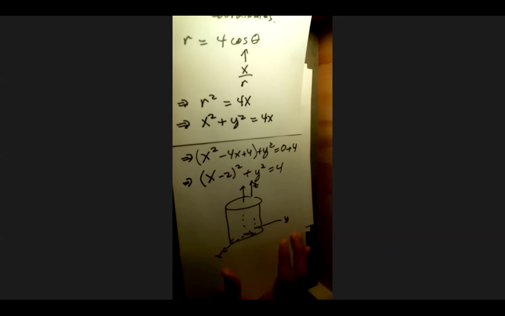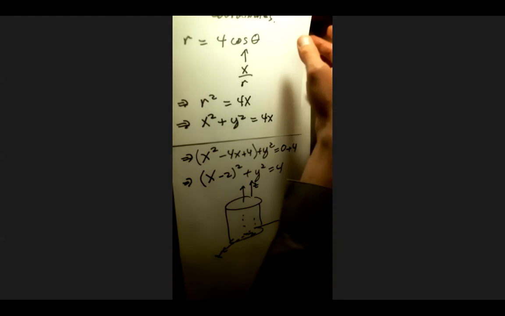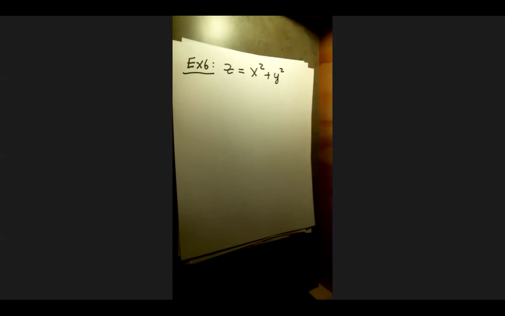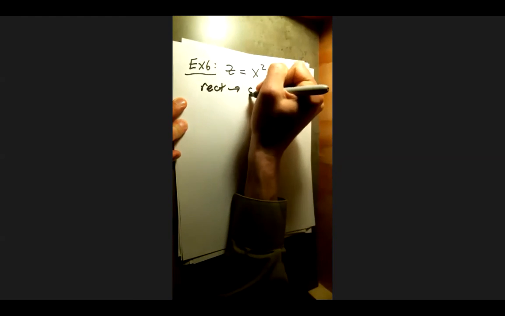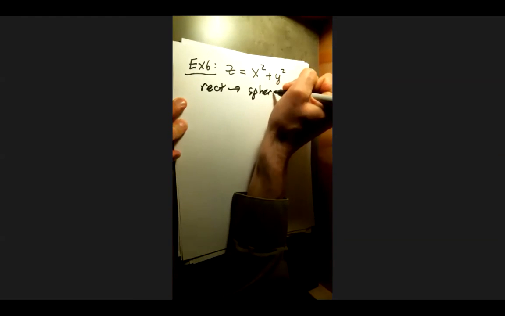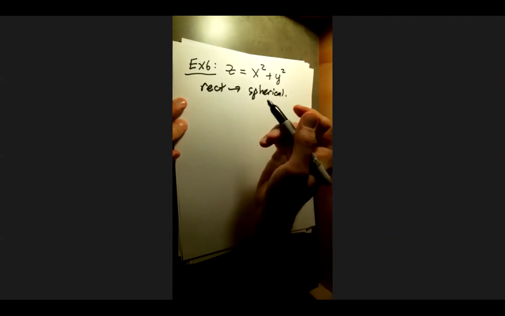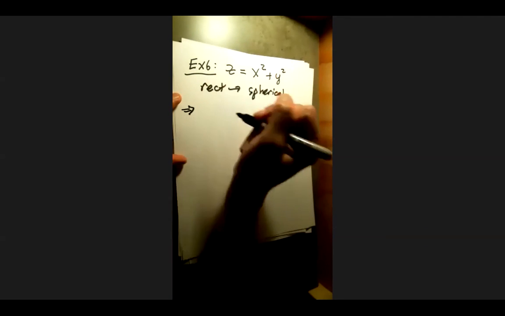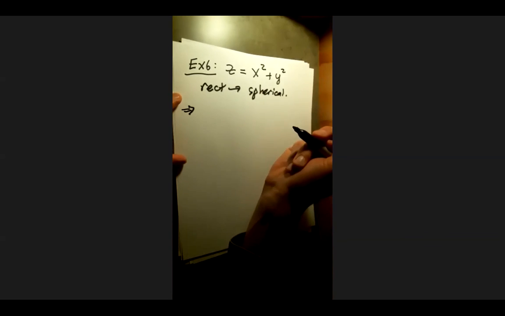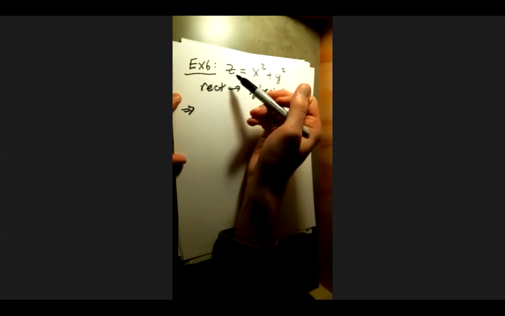Very good. Let's do one more example, but this time let's convert to spherical coordinates. So this is example 6, and we're going to start in rectangular, and I want to go to spherical coordinates. Okay. So we need to replace each of these variables using the formulas that were given.